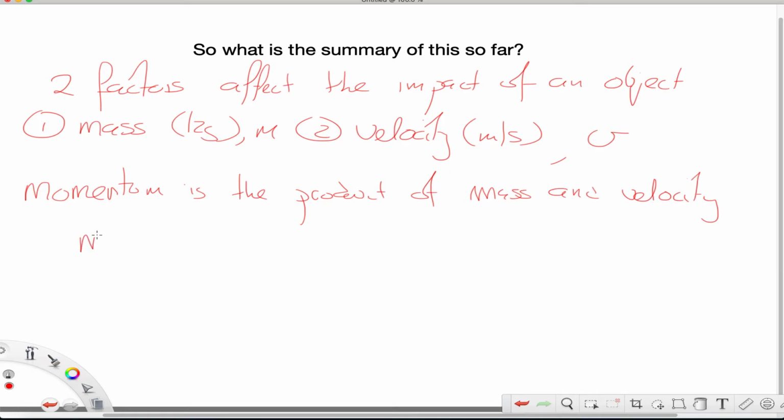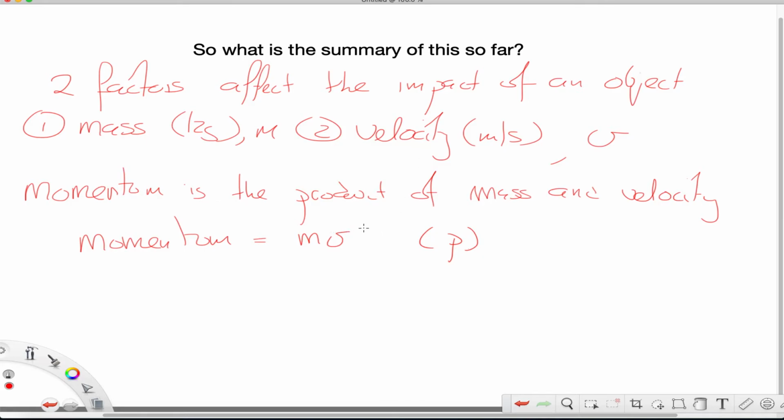That is to say, momentum equals mv. And the symbol we use for momentum very often is p. So momentum kind of captures the mass effect and the velocity effect of a moving object.